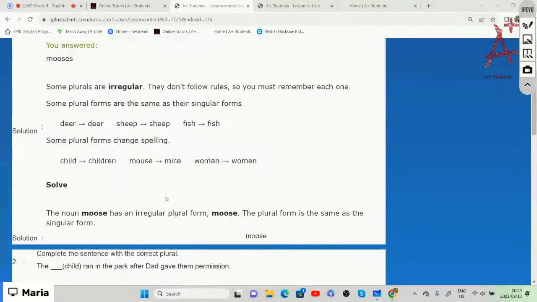It's the same as the singular form. So the noun moose has an irregular plural form, which is moose. We don't say mooses. We say moose, where the plural form is the same as the singular form.